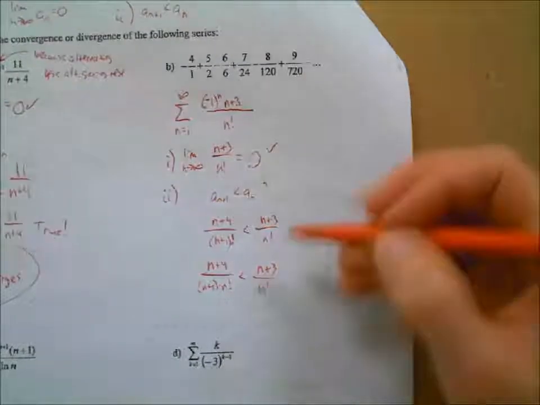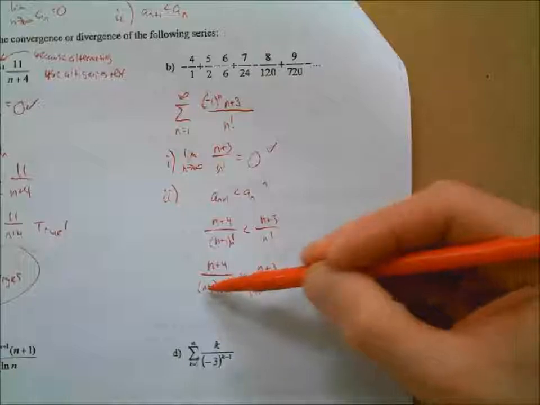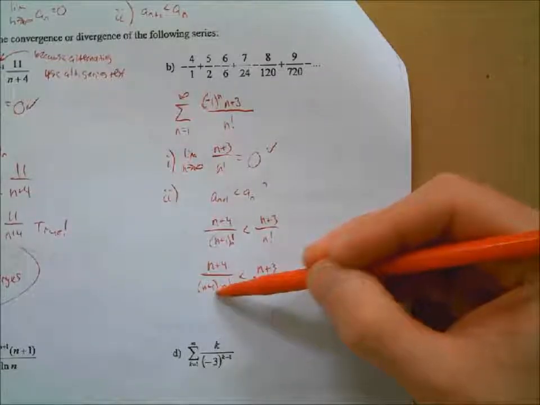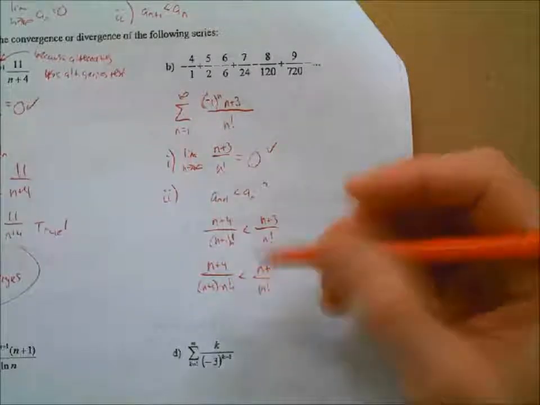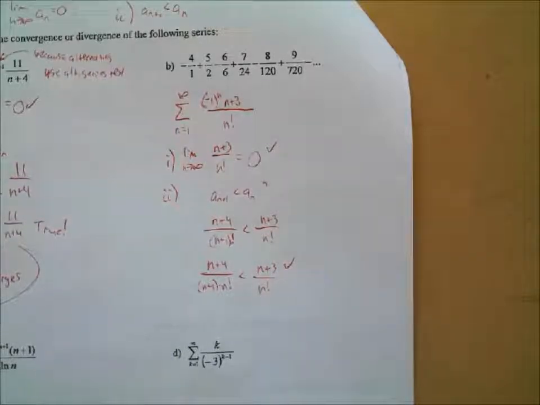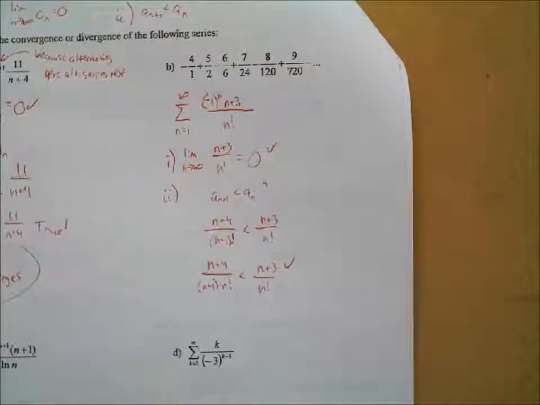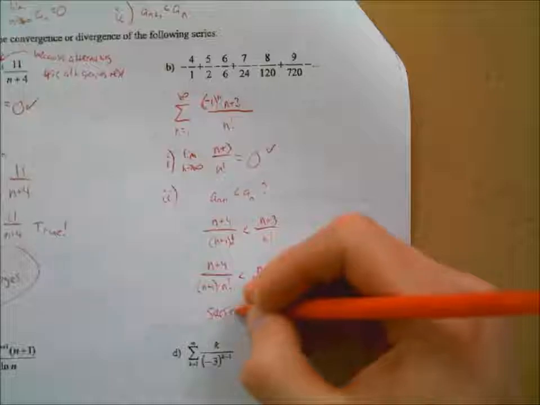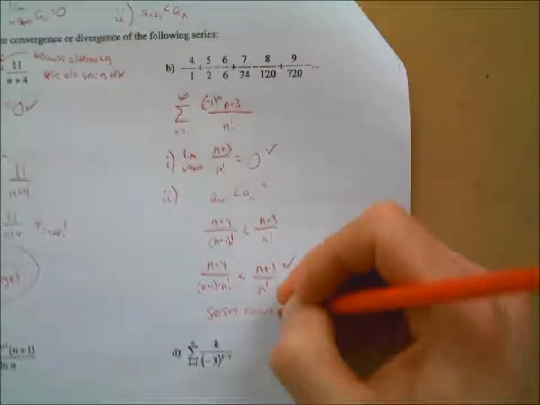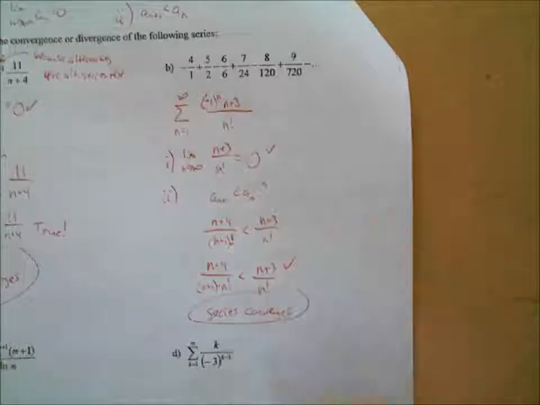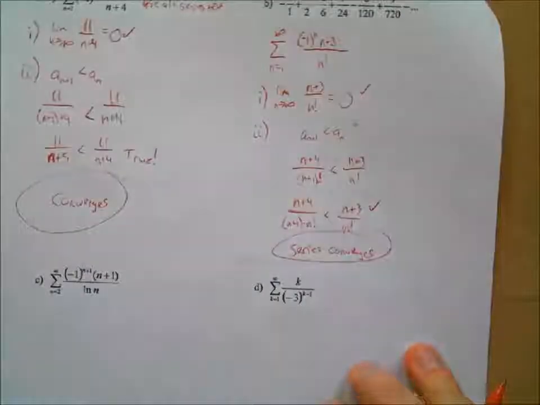And so while, yes, we're adding 1 to the numerator, we're multiplying the denominator by an n plus 1. So that's going to be even more there. And so we would expect this to be true. And so then we'll say series converges. Questions on that?